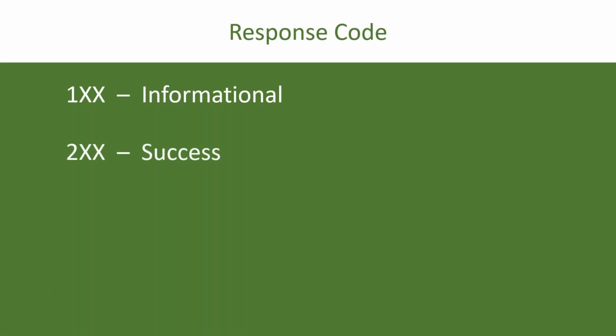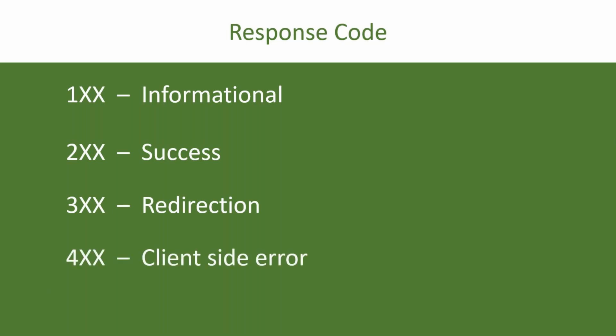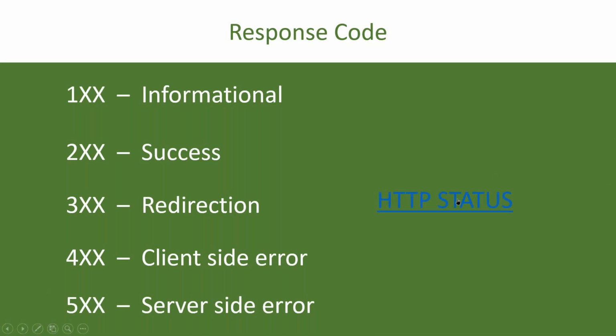The response code comes in different series. 100 series means it's informational. 200 series means it's success. 300 series is redirection. 400 is client side error, and 500 is server side error. Each series has a different meaning, and there are further subcategories of these series.